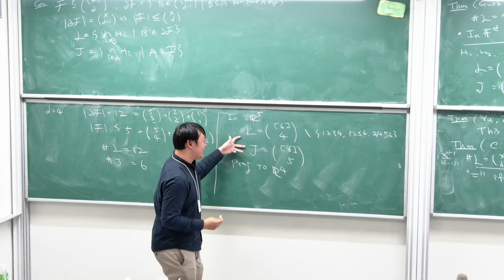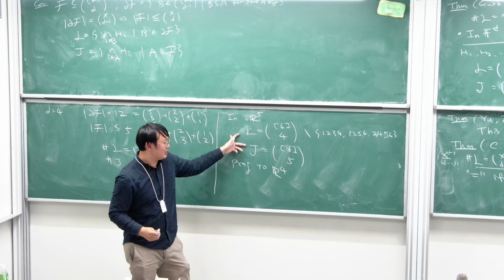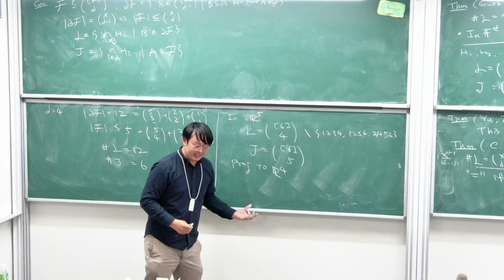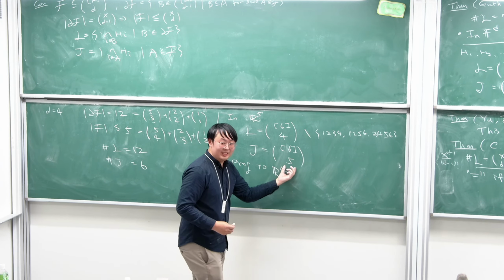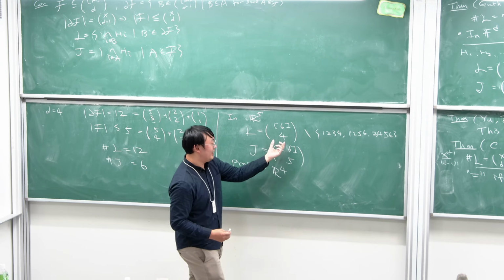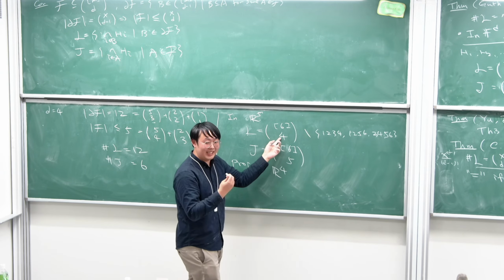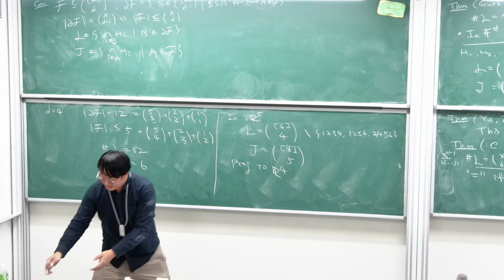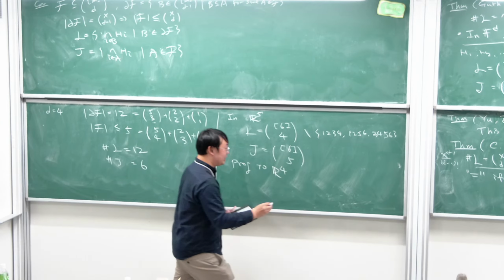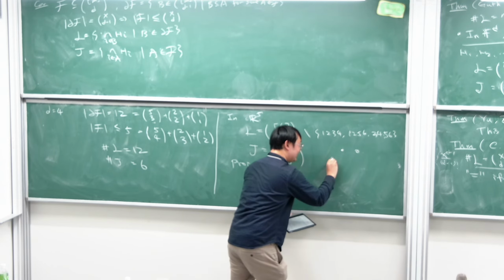So if you look at this construction here, you take any set of size 5, you can see that there will be exactly 4 sets of size 4 inside that set. And the actual configuration you'll get to be something like this.